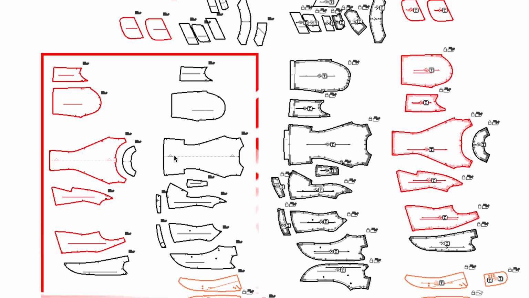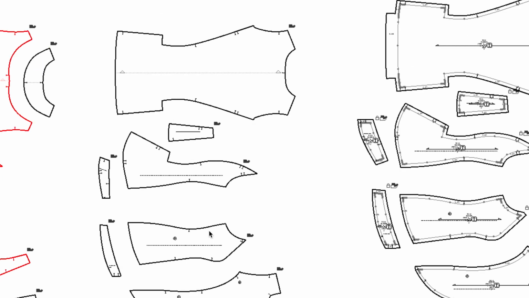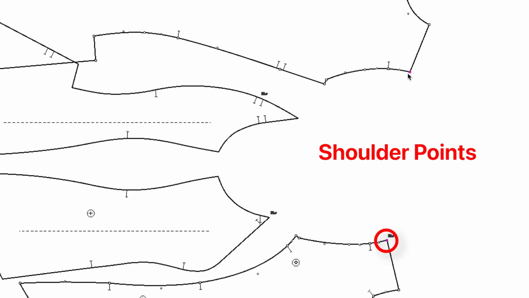Okay, here are the full body patterns. These are patterns with seam allowance, and these are patterns without seam allowance. So the lines indicate the sewing line. From this pattern, you can tell the sleeve is not full length. If you see the body armhole, these are the underarm point, these are the shoulder point.